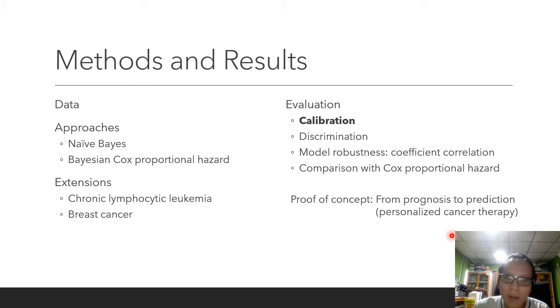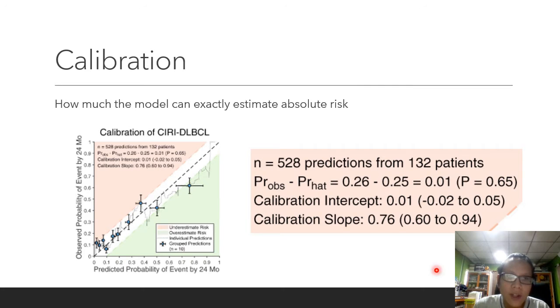I will first talk about the calibration and discrimination that are used to evaluate how this model works. First, calibration. Calibration measures how exactly the model can estimate absolute risk.